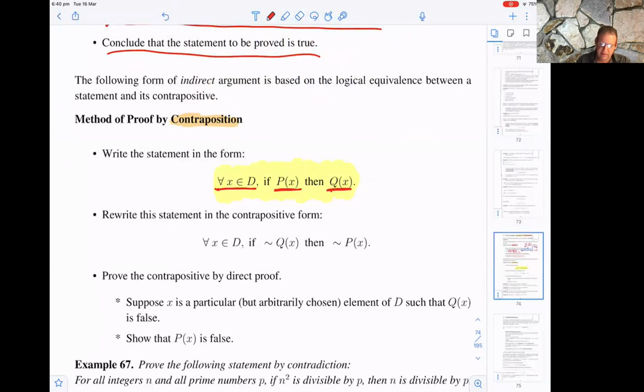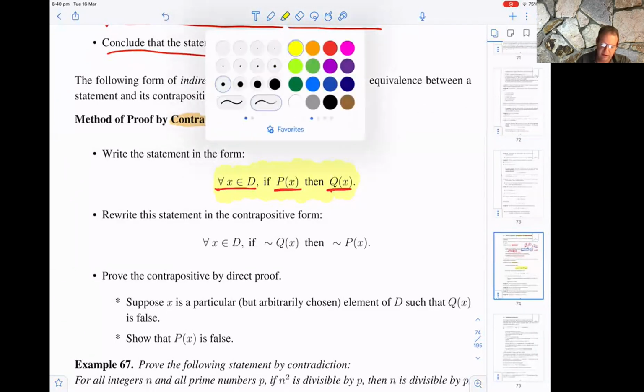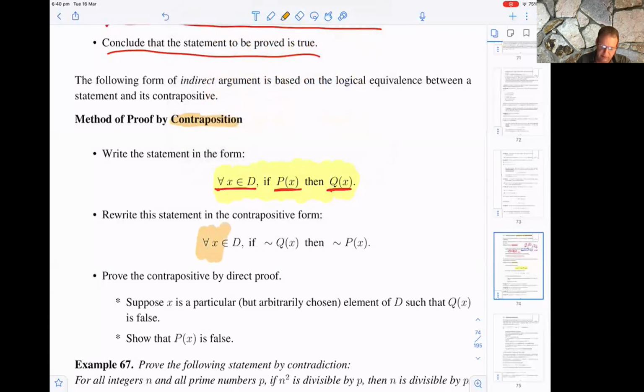This yellow statement is equivalent to this orange statement, which says, for all human beings, if heart is not pumping, then not alive.